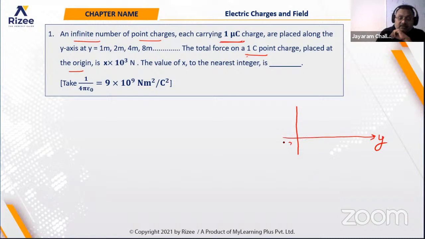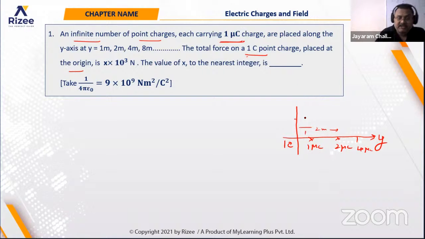At the origin, you have a charge of 1 coulomb, and at every point you have charges of 1 microcoulomb. At what distance? 1 meter. And the next 1 microcoulomb is at 2 meters. Then the next, 4 microcoulomb, sorry, 1 microcoulomb, is at a distance of 4 meters.